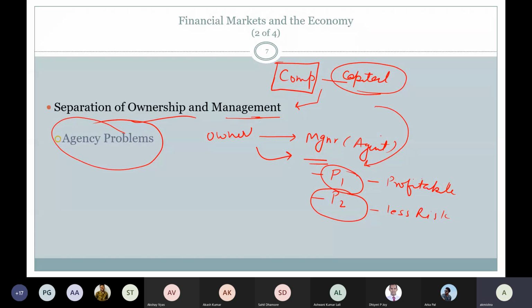Though Cyrus Mistry was one of the owners, at the time he was there in Tata Group, he was a manager. His role was a kind of management, and there was divergence in the opinion about whatever decision he took. The owners were not happy with that decision.